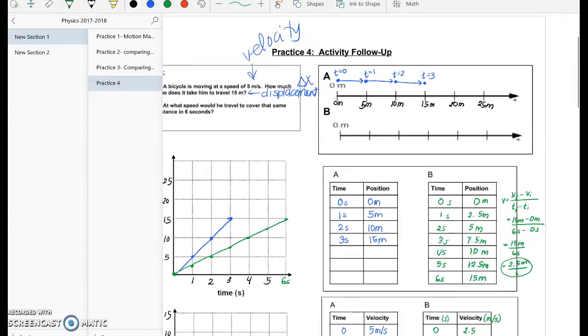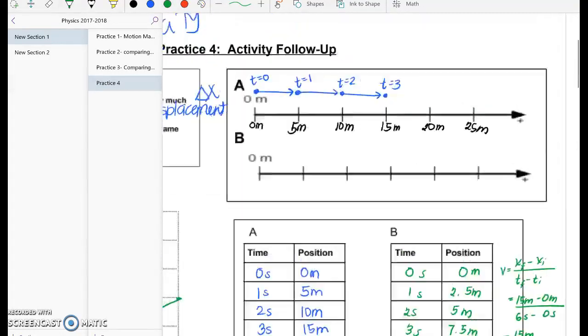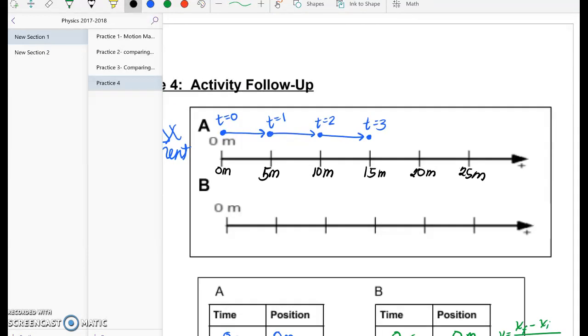And then we're going to make our motion map. If I can just make that larger. And so I'm going to do the same thing here. Make my position line the same as A. Okay. And so he started at 0, at time equal to 0.